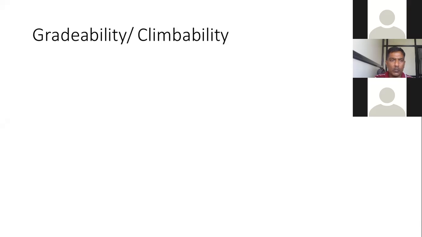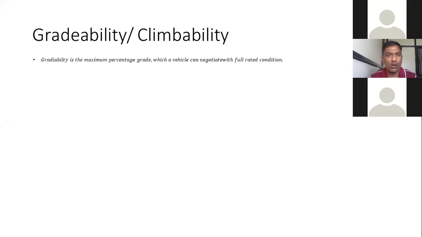Then next term we have seen, gradability or climbability. So it is the maximum percentage grade which a vehicle can negotiate with full rated condition. So already during derivation of the surplus power or excess power, we have made the assumption.